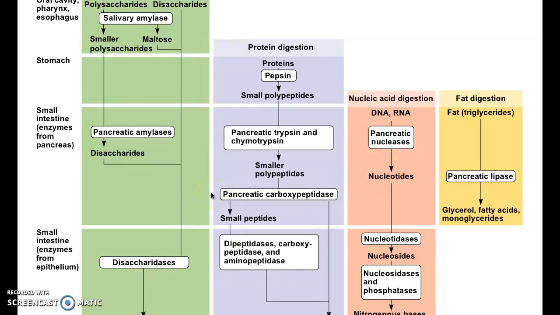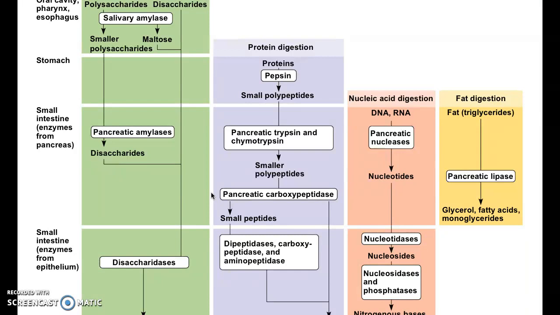So carbohydrate digestion is pretty straightforward. Step one, in the mouth, it mixes up with the salivary amylase. It's broken down into smaller polysaccharides and maltose, which is a sugar, which is glucose plus glucose.